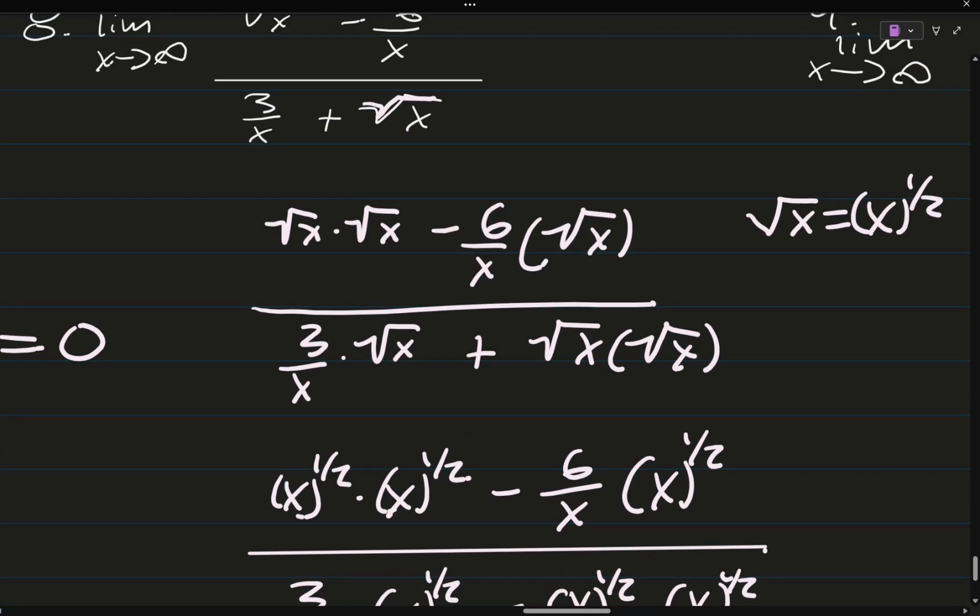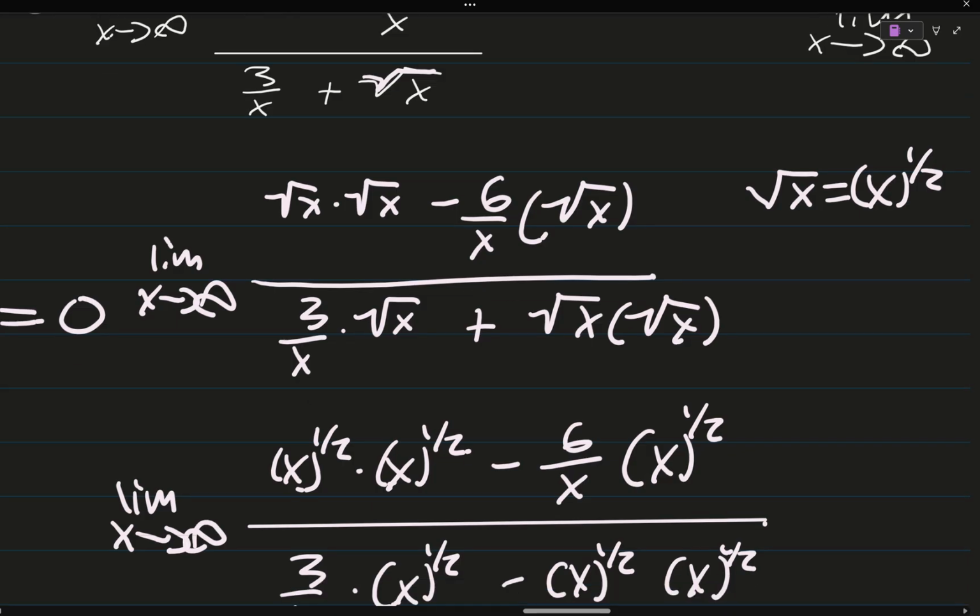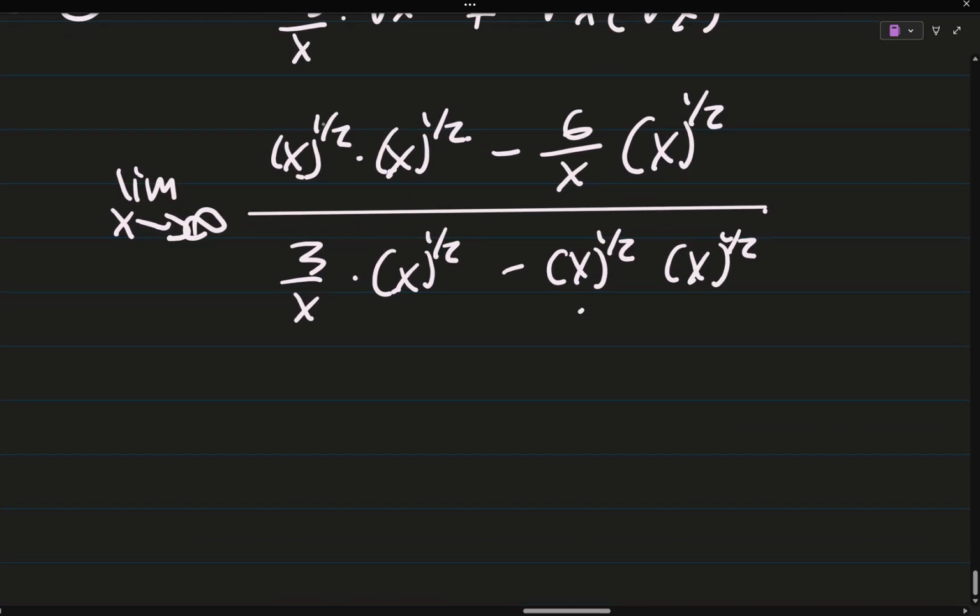Same thing, so our limits, forgot to put our limits. For simple power identities, we have x to the 1/2 times x to the 1/2, and we could just add these exponents, which would be 1.